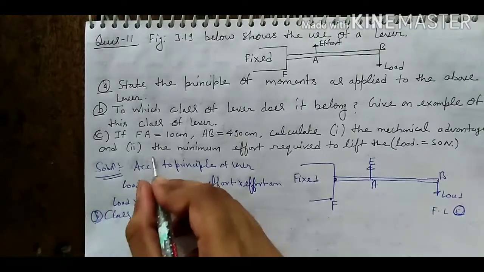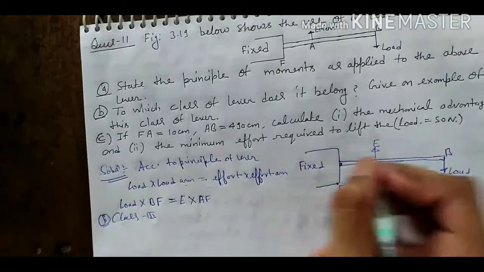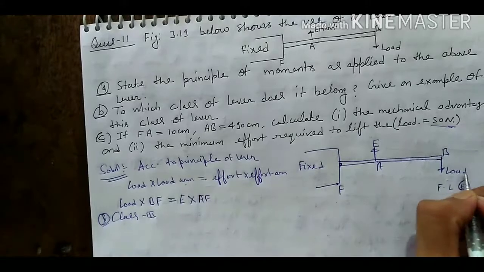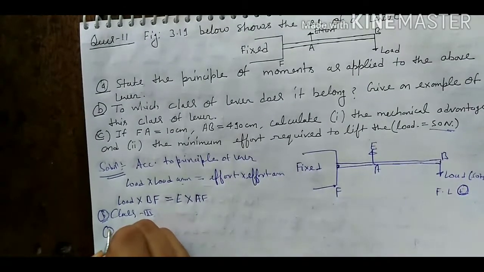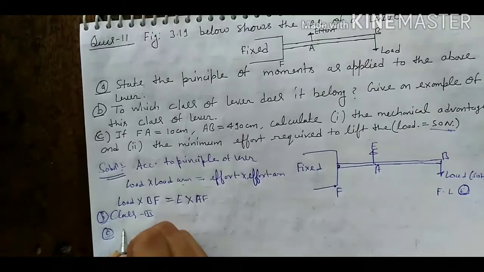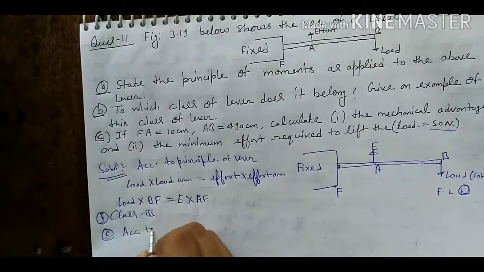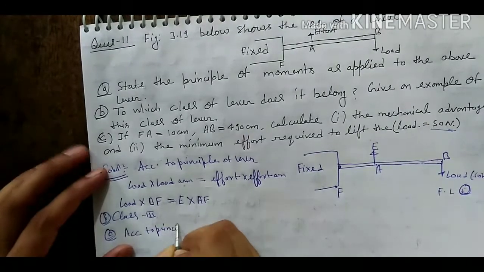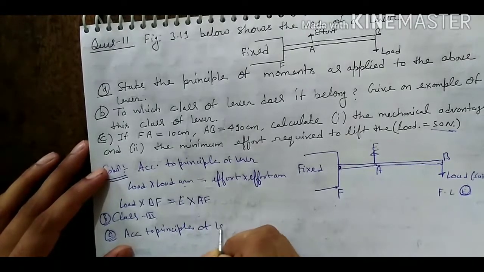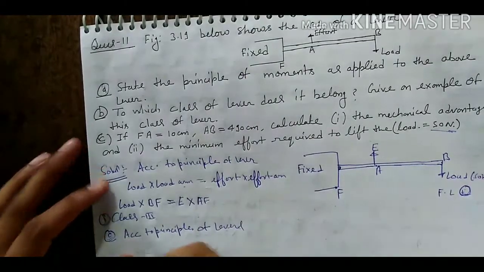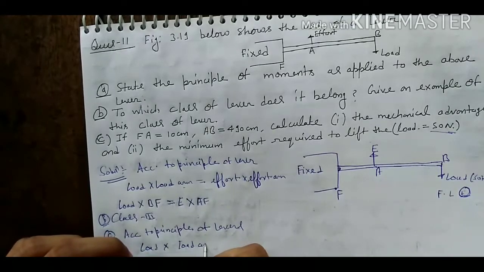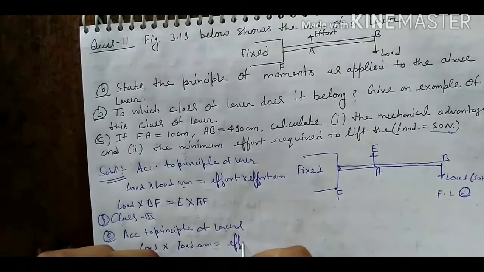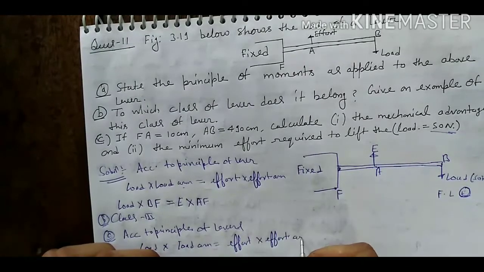B part is solved. And the third part: minimum effort is required to lift the load of 50 Newton. Suppose the value of load is 50 Newton, then what will be the effort? The third part we can write according to the principle of levers: load into load arm will be equal to effort into effort arm.